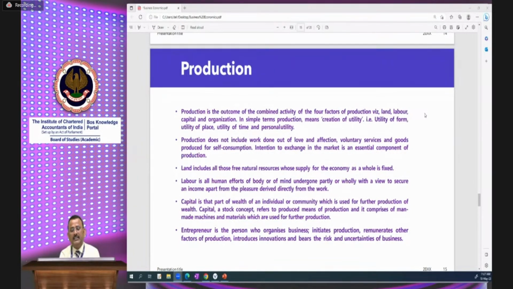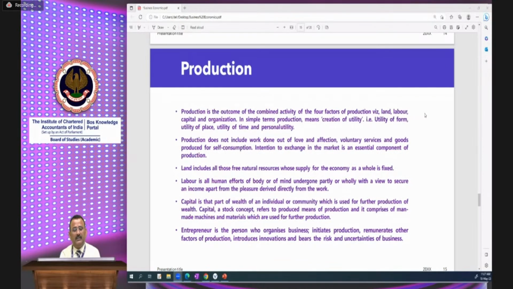Intention to exchange in the market is an essential component of production. And there are different factors that are involved in production. First is land. Land includes all those free natural resources whose supply as a whole is fixed.